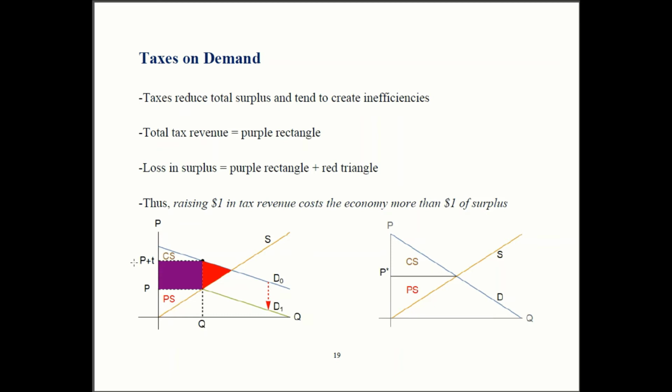So overall they're paying P plus T. Consumer surplus is the gap between their demand curve, what they were willing to pay, and the price they actually pay. The price they actually pay is P plus T, which is over here. That leaves us with this little triangle here for consumer surplus. You can see just visually that's a lot smaller than the consumer surplus triangle was back when there was no tax.